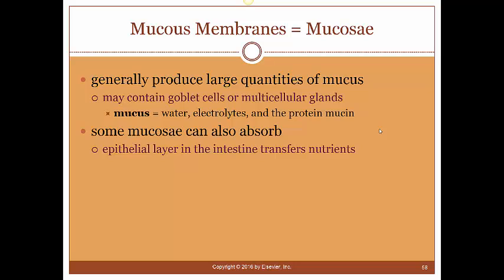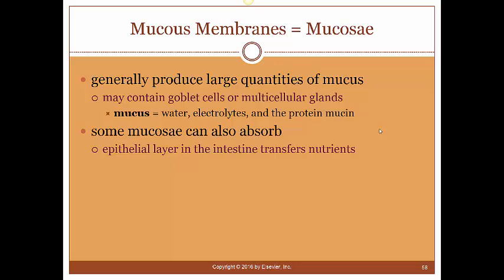And they also protect, like in the stomach and the intestinal tract, where mucus plays a protective role against digestive enzymes and stomach acid and all that. Mucus is made up of mucin, which is a protein, and then water and electrolytes that mix together.